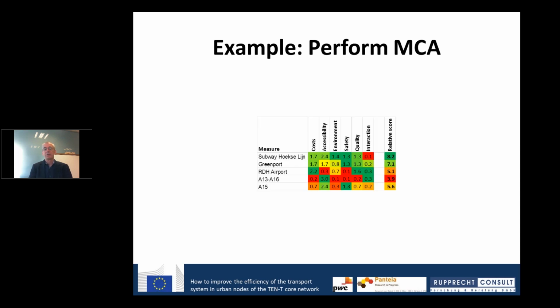So after performing the multi-criteria analysis, we see the next picture, and it shows that the subway Hoekse line is the best policy option, while the A13, A16 scores least. And in between there is the green port, the Rotterdam The Hague Airport, and the A15, which is also a motorway.